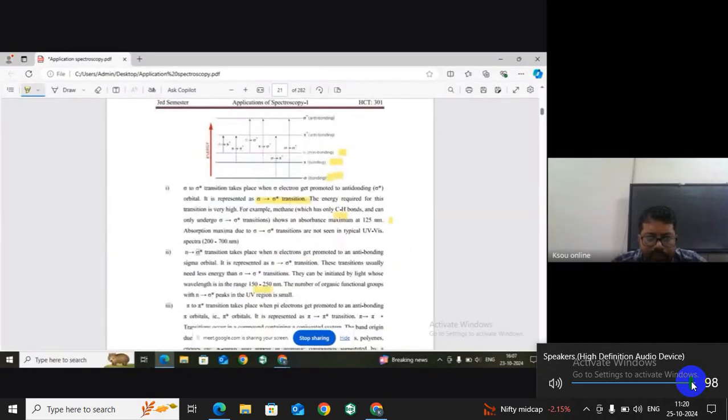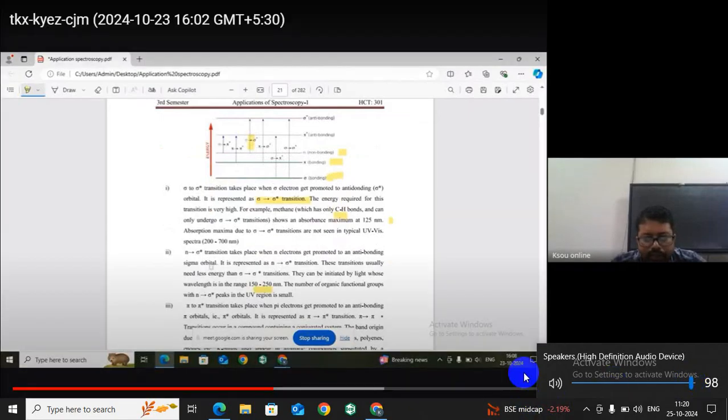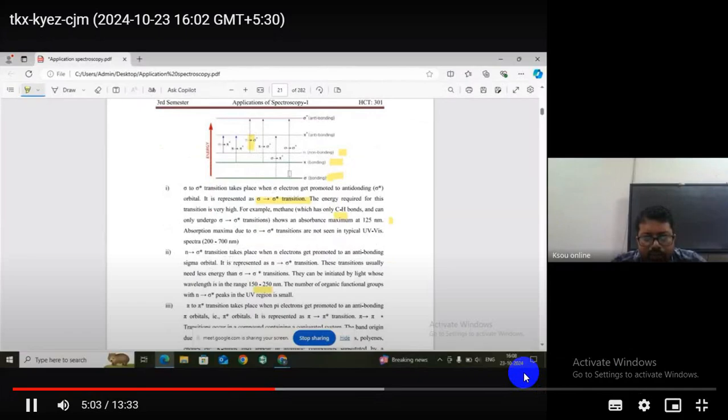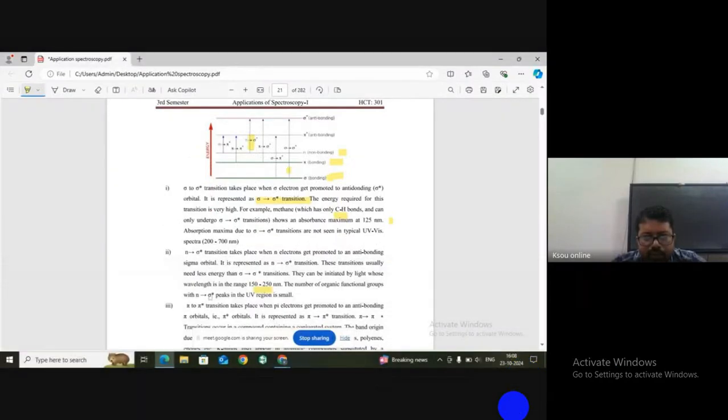That is over for the sigma to sigma star transition. Now the second type, the n to sigma star transition.